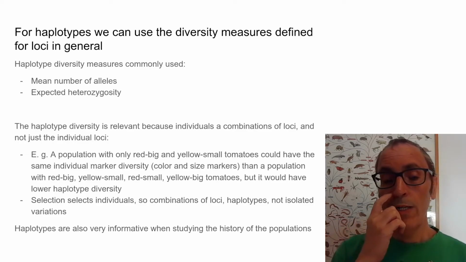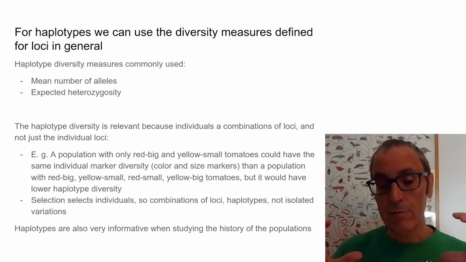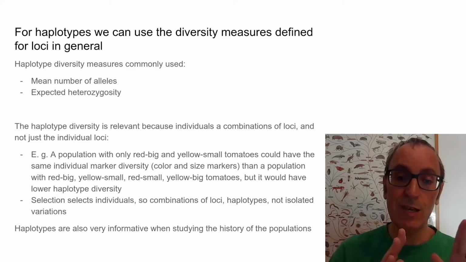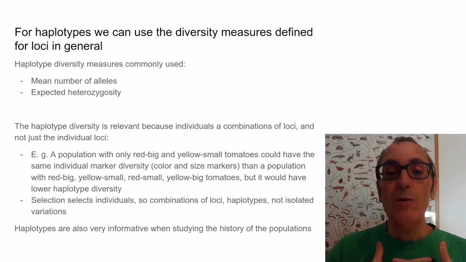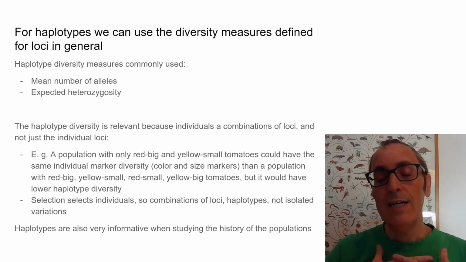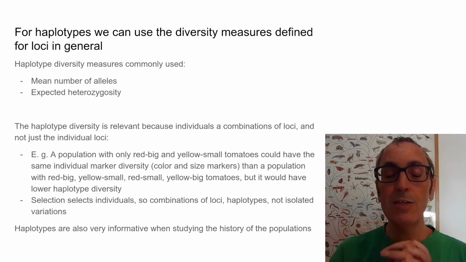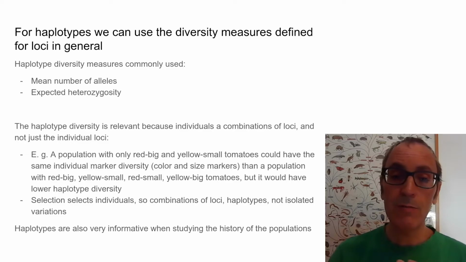So what is selected is the combination of markers. So the haplotypes are selected, not the genotypes of individual markers. Okay, and also if we are trying to study the history of the populations, haplotypes are very, very interesting.